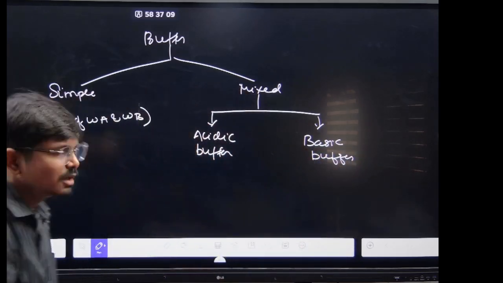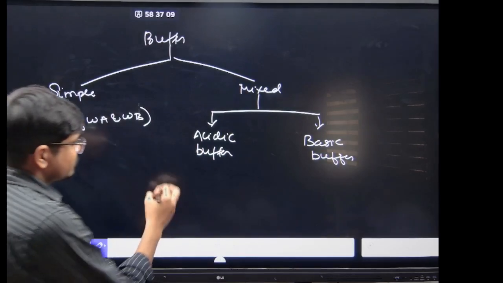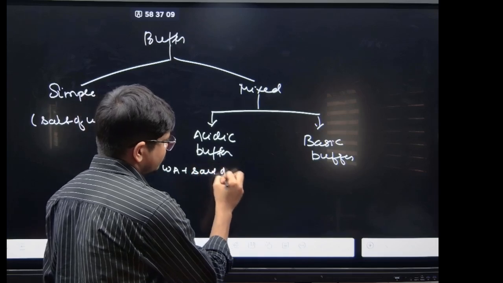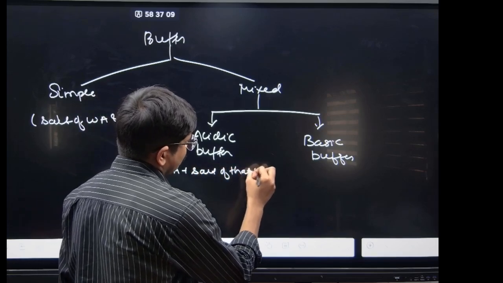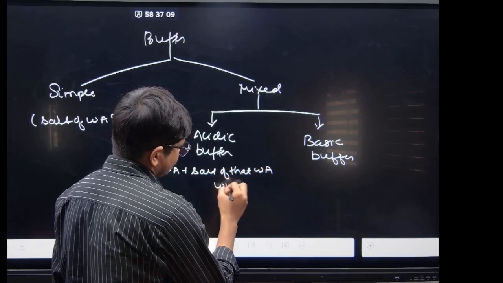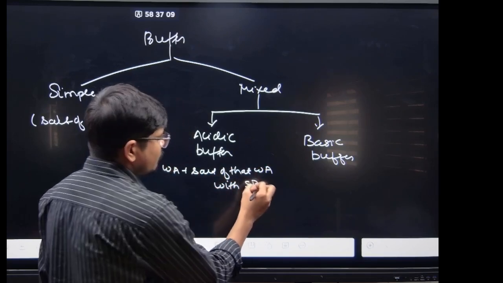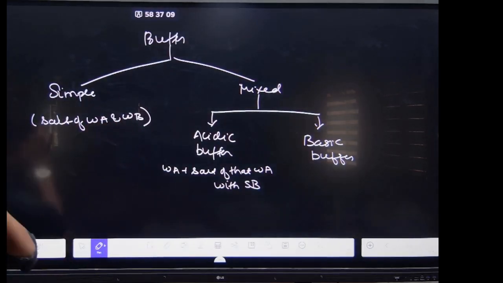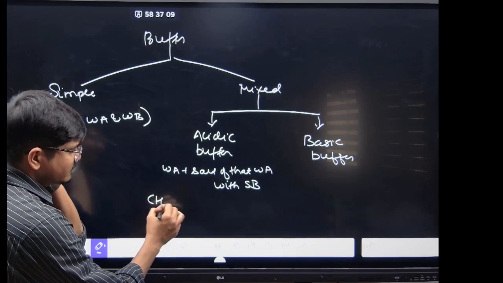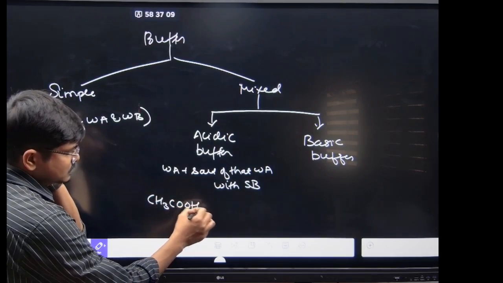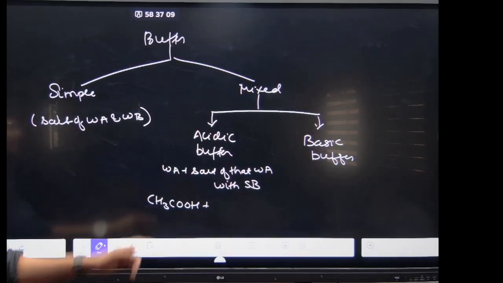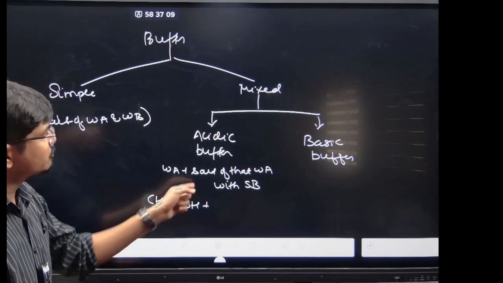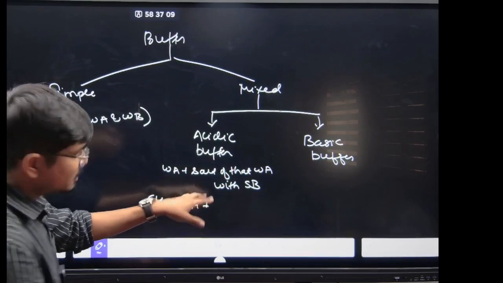Now, an acidic buffer means a weak acid plus a salt of that weak acid with a strong base. For example, the weak acid, let it be acetic acid, and the salt of that weak acid with a strong base.